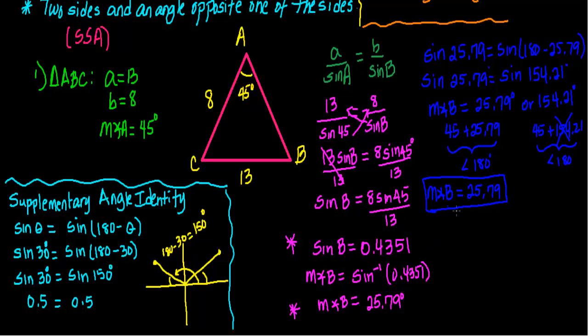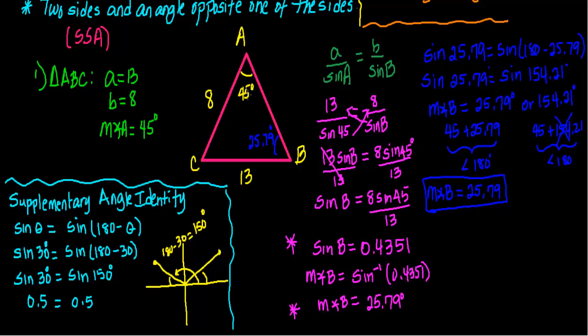And now that we are definitely sure that this is the angle for angle B, I can go ahead and finish solving this triangle. So I can go ahead and say this is definitely 25.79 degrees.